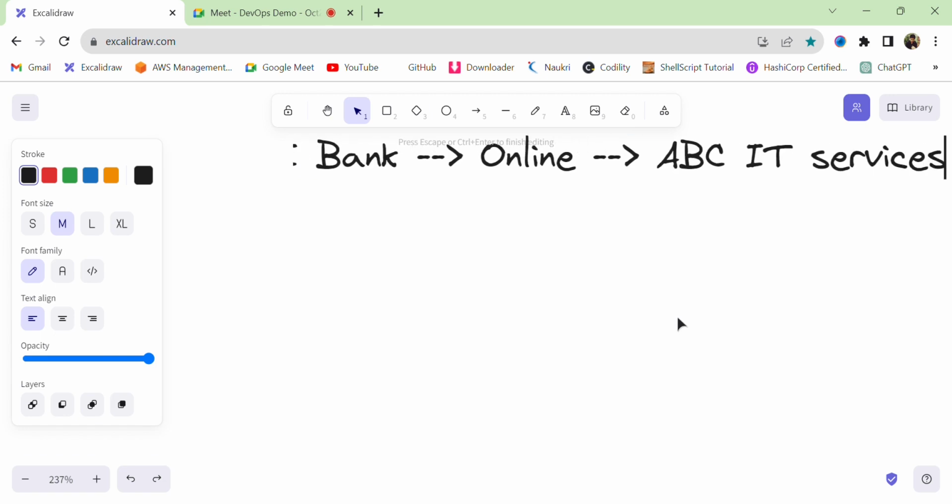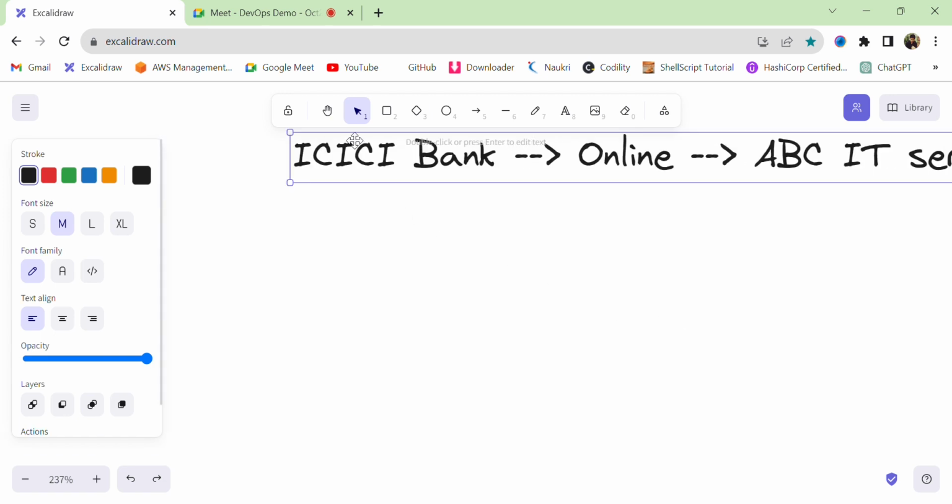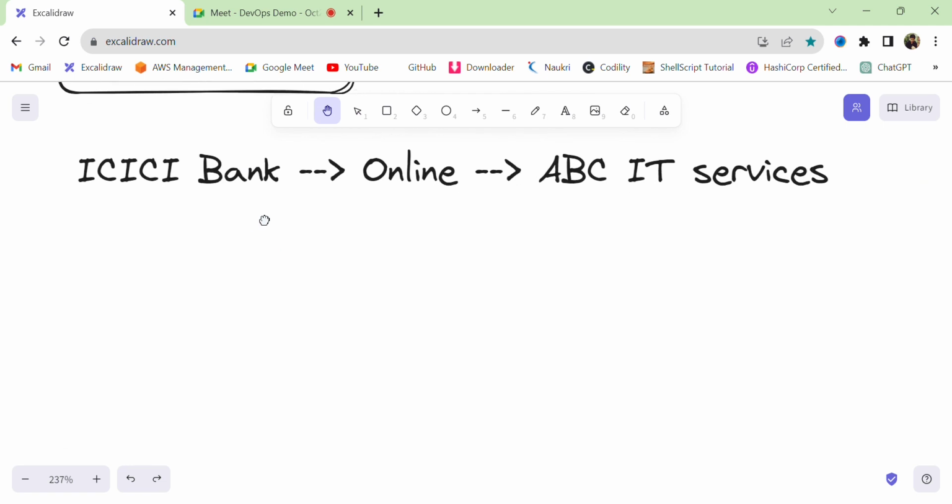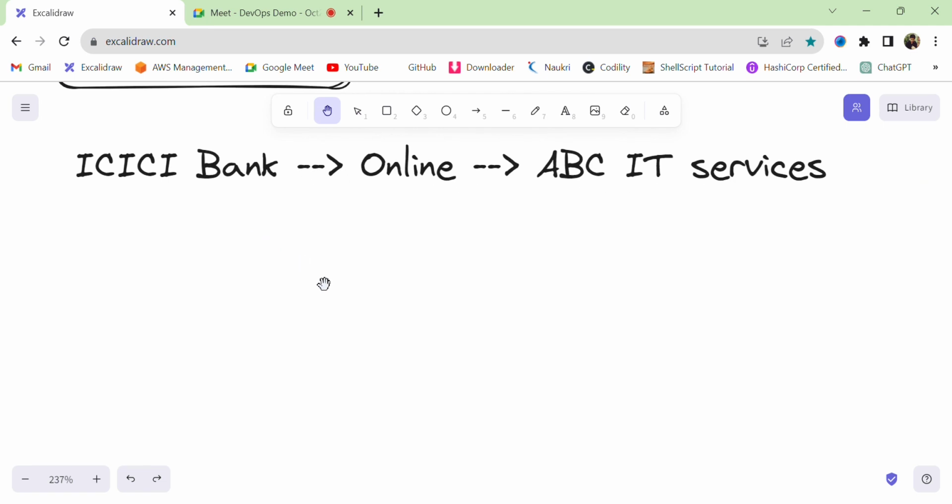They go to ABC IT Services and tell them their requirement: we have these applications and services, and we want all of these services to be created online. We require an app, a software wherein we can perform all these services online.